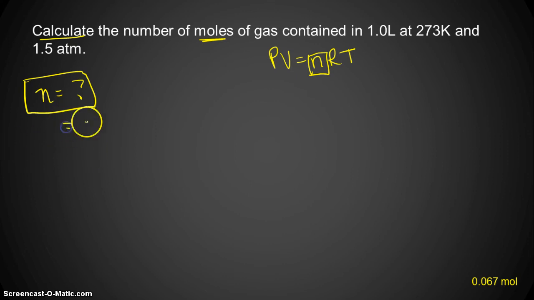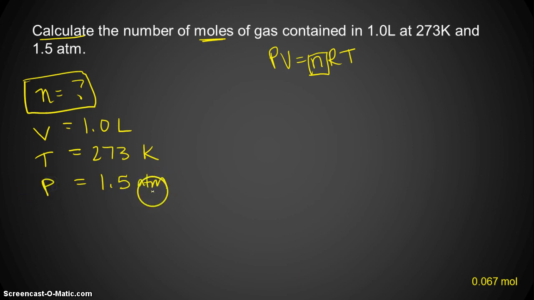The first number given to me is 1.0 liters. That is a volume, and it's a good thing that it's in liters because I'm using the ideal gas law. I have 273 Kelvin. That is a temperature. Also good that it's in Kelvin. Don't have to convert it. And then I have 1.5 atmospheres. That's a pressure. Also in the correct unit for using R. And then I go, oh yeah, I need R. R is what I have to memorize.